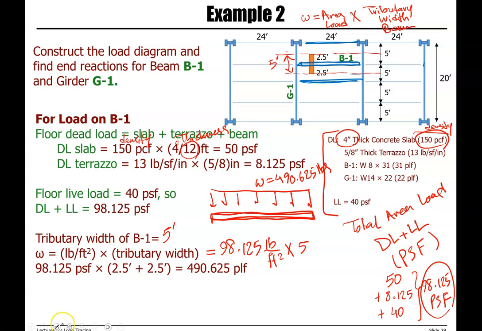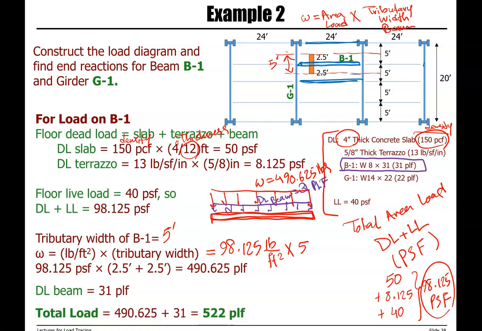But don't forget, we also have the weight of the beam by itself. So we also need to include or add the dead load of the beam, which is 31 PLF. So the total load that we have on beam B1, we can round it up and use 522 PLF.